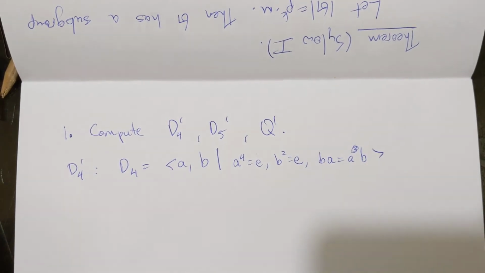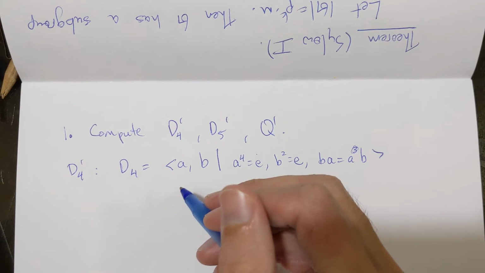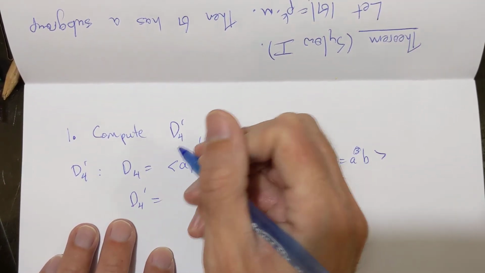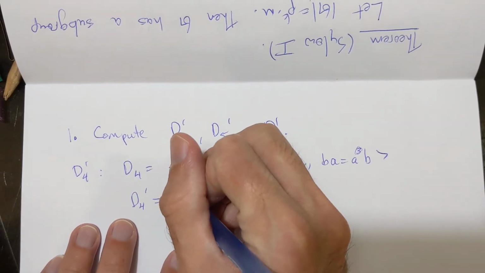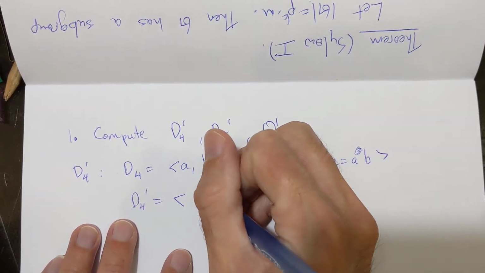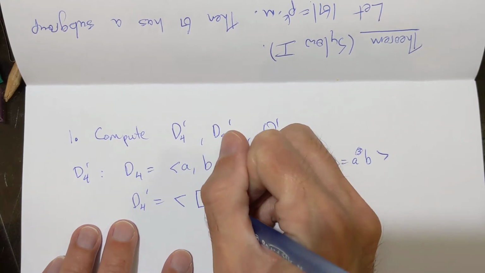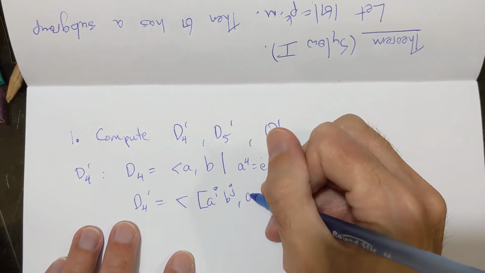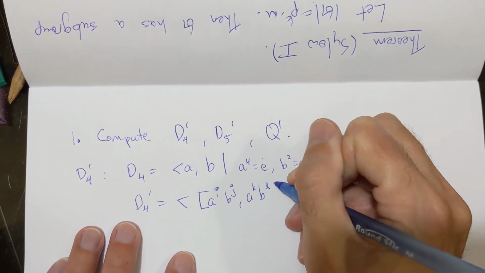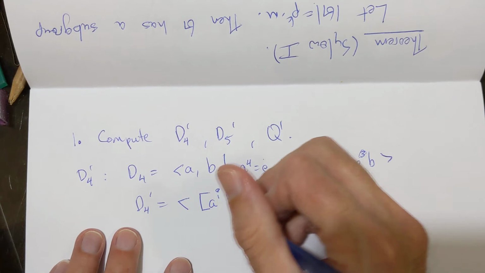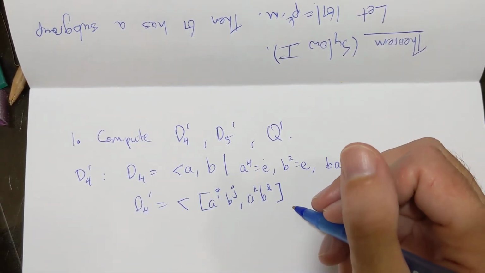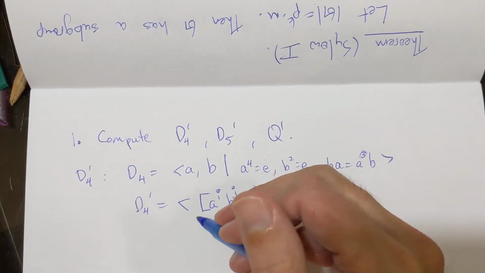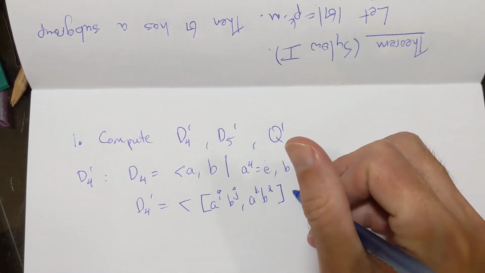Okay. So first of all, we know that the commutator subgroup is generated by the commutators of all the elements of D4. One thing you could do is just calculate the commutator of A to the I, B to the J, with A to the K, B to the L. Compute all those different commutators, put them all together, and they generate some subgroup of D4, and that's the commutator subgroup.